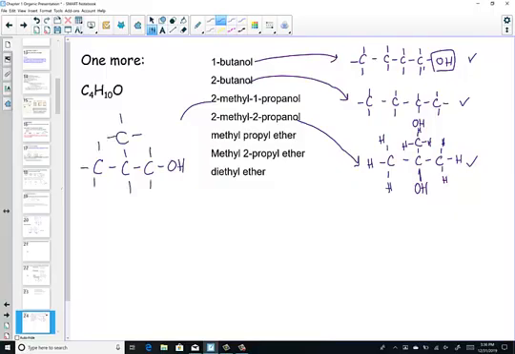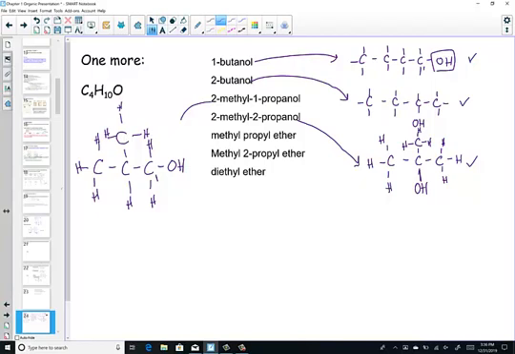So when I'm drawing those structural lines, those are all connecting to hydrogens. So I could place the alcohol on the branched carbon on carbon number 1, and I can place the branched carbon on carbon number 2, the alcohol there.